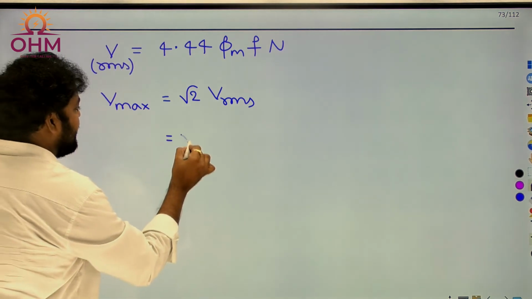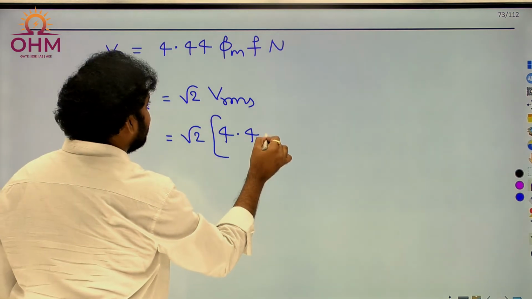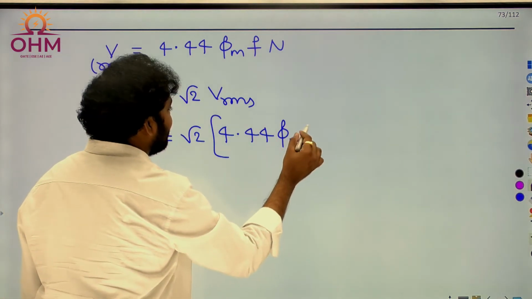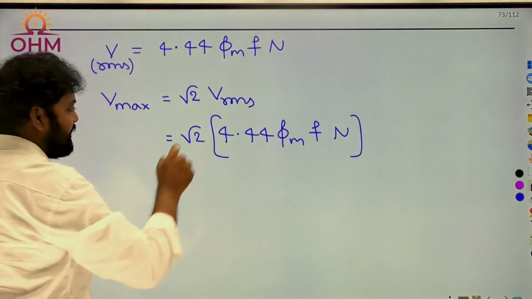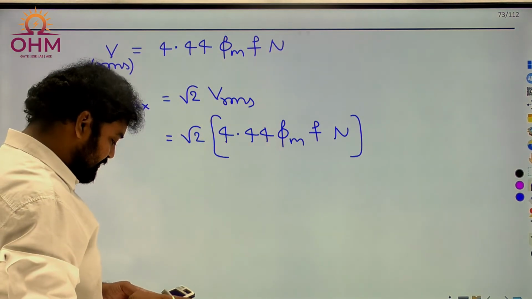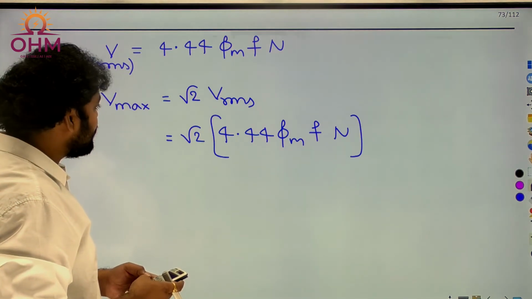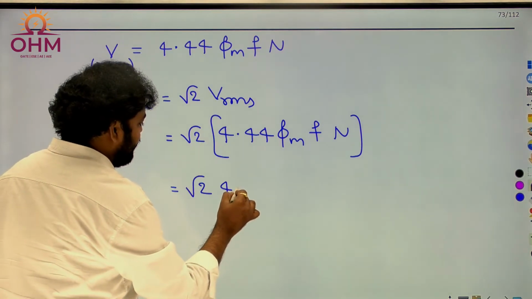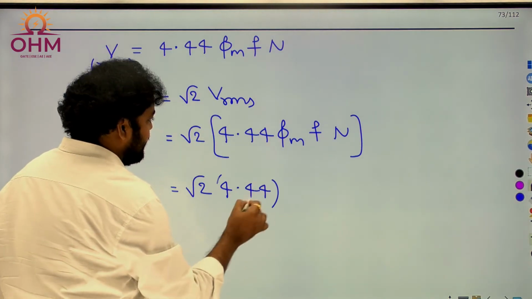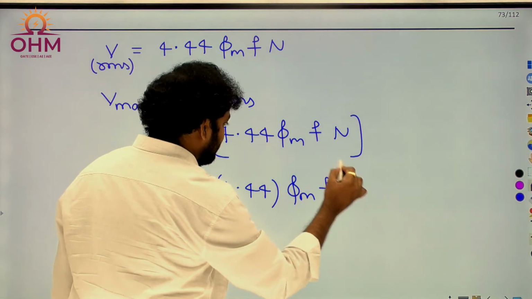So if I multiply root 2 into the RMS voltage, I get root 2 into 4.44 into maximum flux into frequency into number of turns.